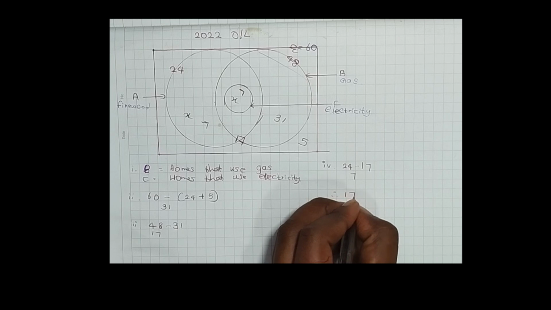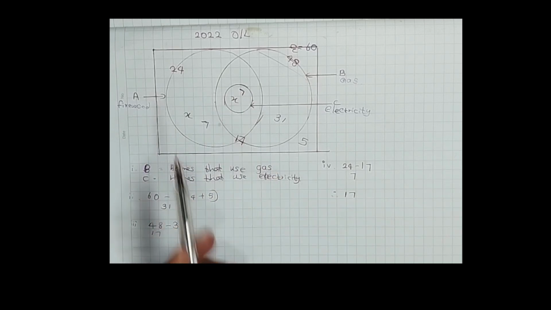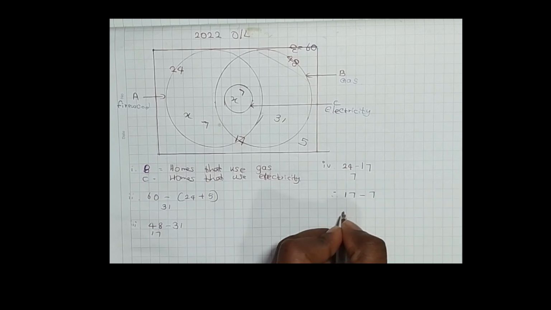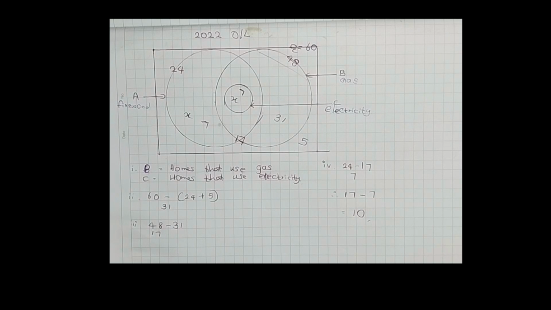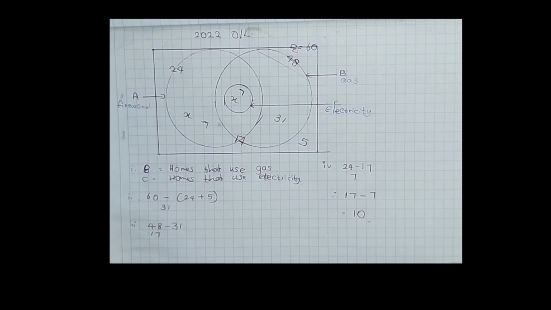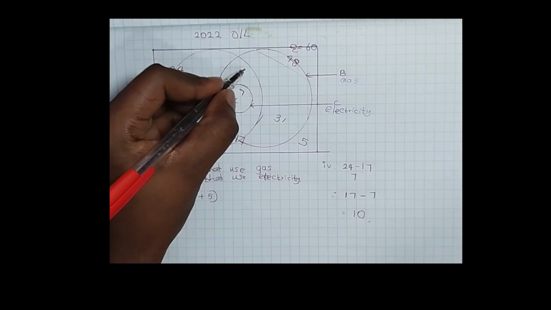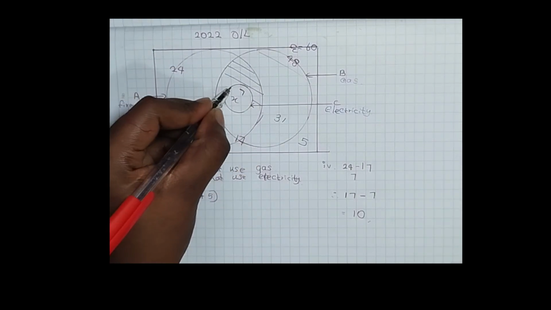So when we subtract 7 from that, 17 minus 7, you will get the answer 10. 10 homes only use those two methods, firewood and gas. So you are asked to shade it, right? Shade the region that represents these homes in the Venn diagram. Okay.